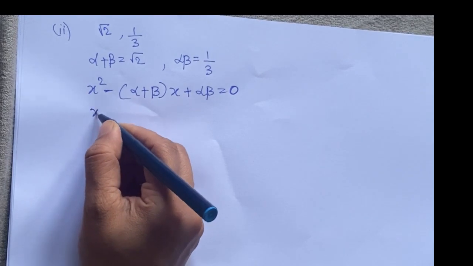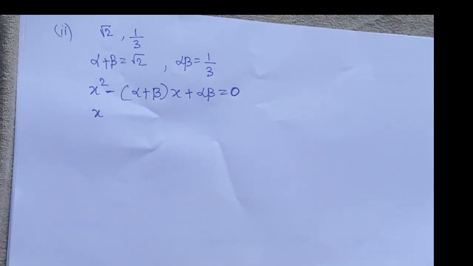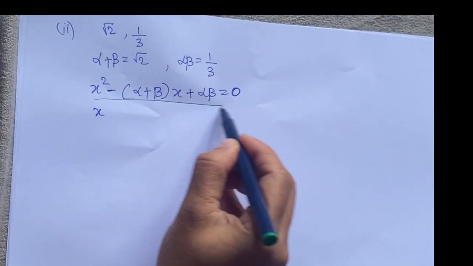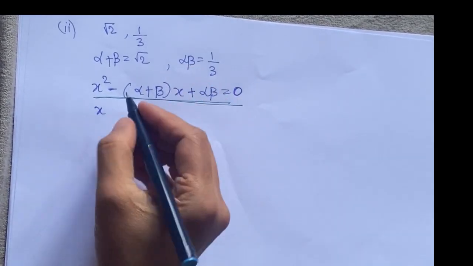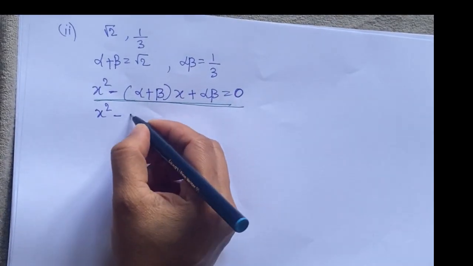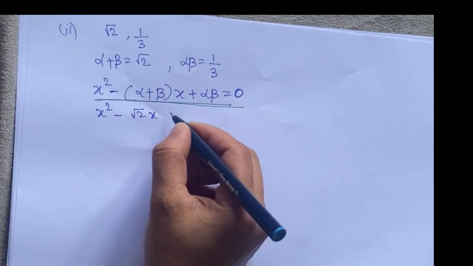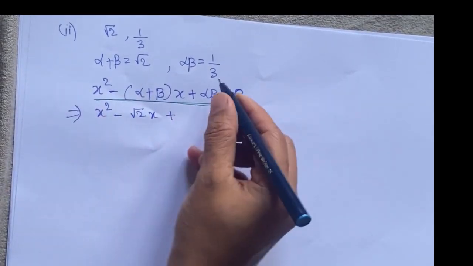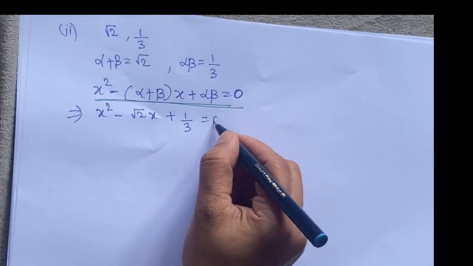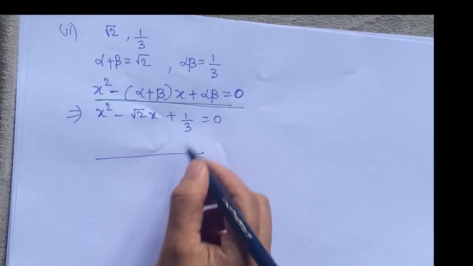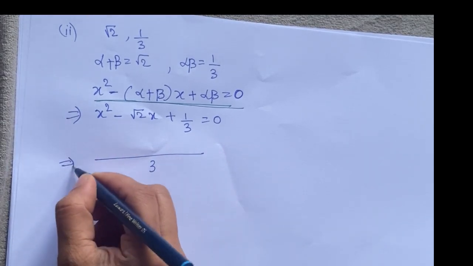Try to remember this equation. Substituting: x square minus (alpha plus beta is root 2) into x plus 1 by 3, alpha into beta is 1 by 3, is equal to 0. I will take the LCM 3.